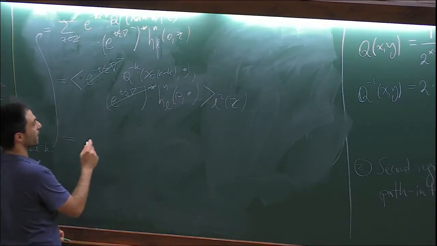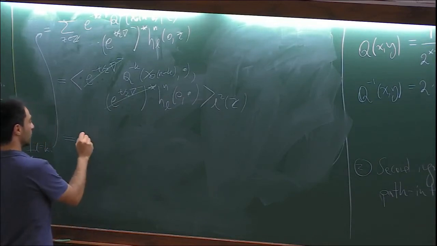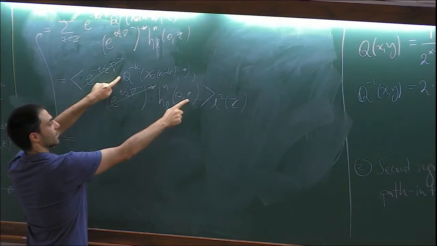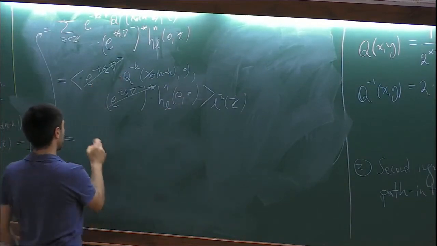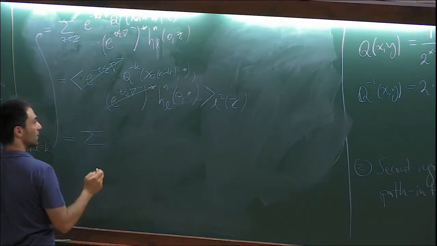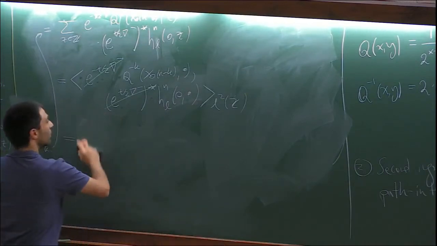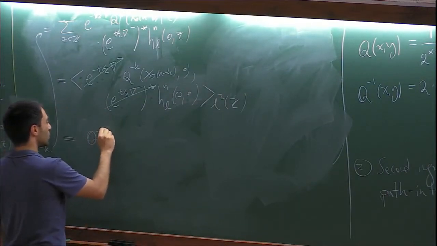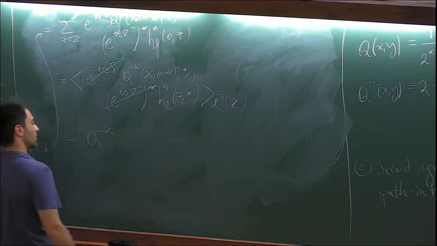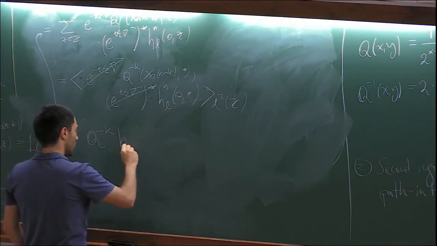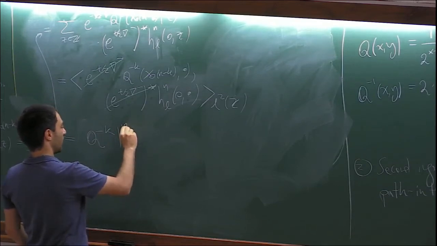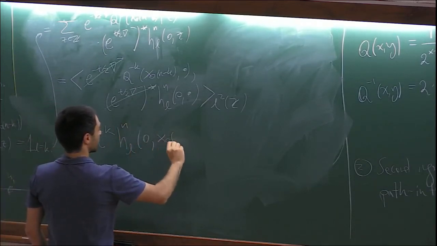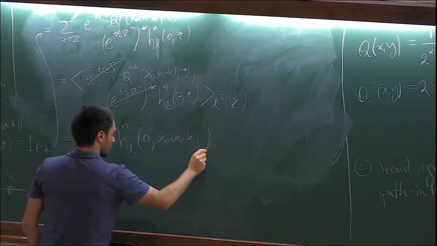Okay, so now I'm going to write this thing. So now it's this hitting against that. So this is just the sum. Actually, let's not even write the sum. So this is q to the minus k applied to h, l, n, 0 evaluated at x0 and minus k.